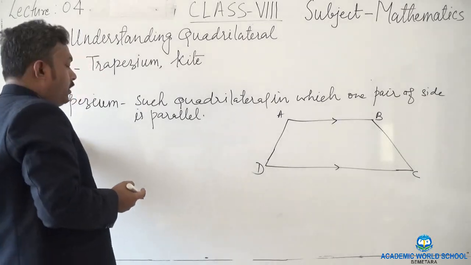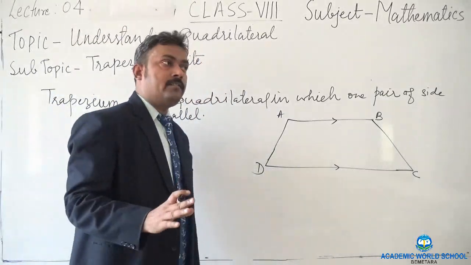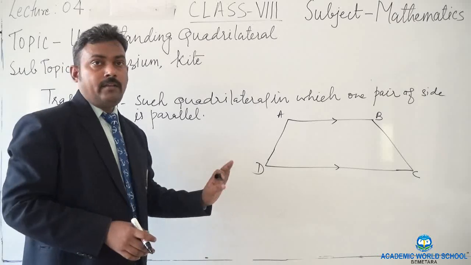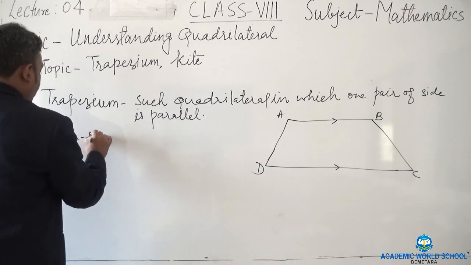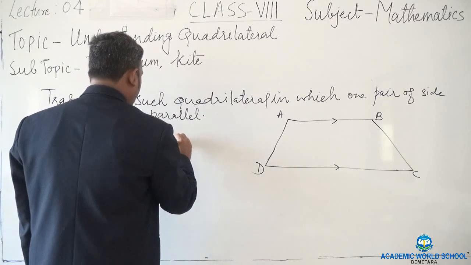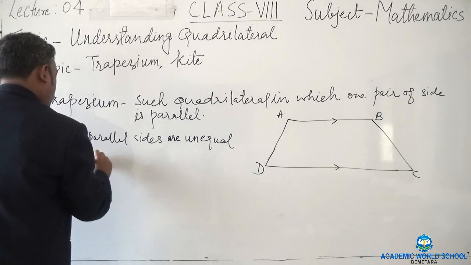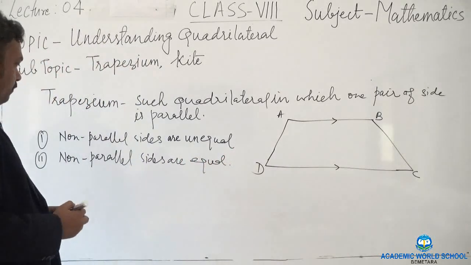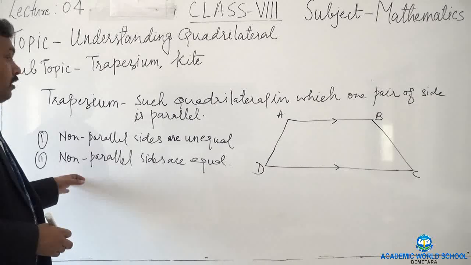There will be two types of trapezium. One in which the non-parallel sides are unequal, and another in which the non-parallel sides are equal.